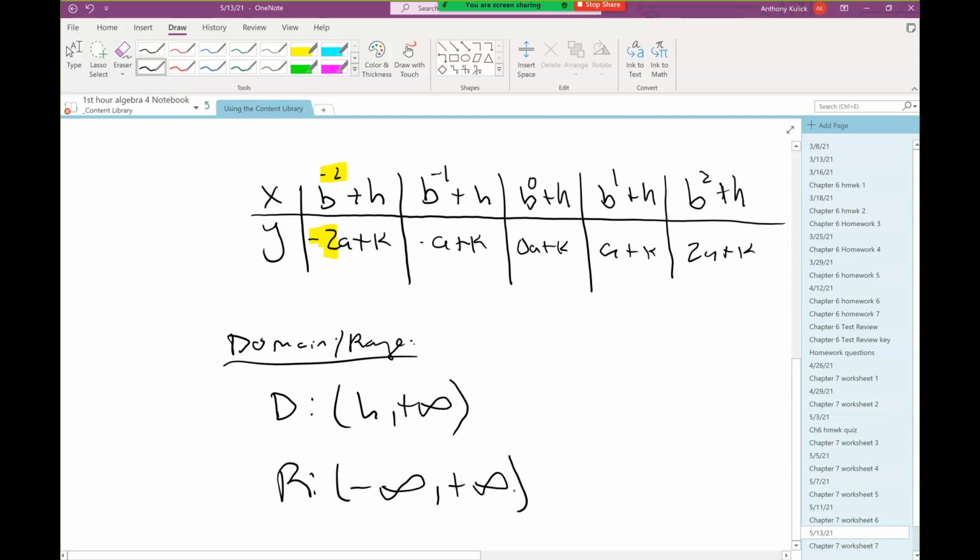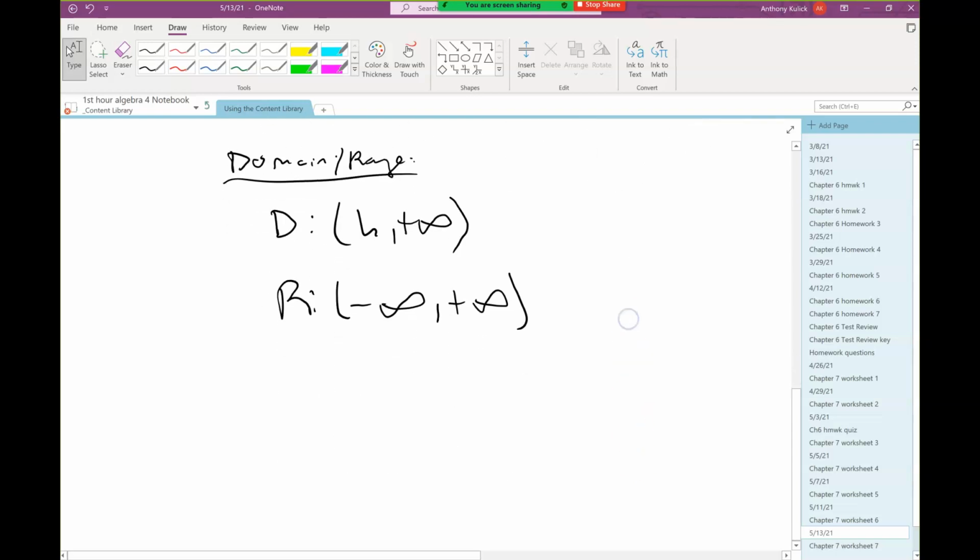So that's all like the little bit of background that we need. So let's go ahead and graph a couple of these and be on about our merry way. Sound good? I'm good with that.